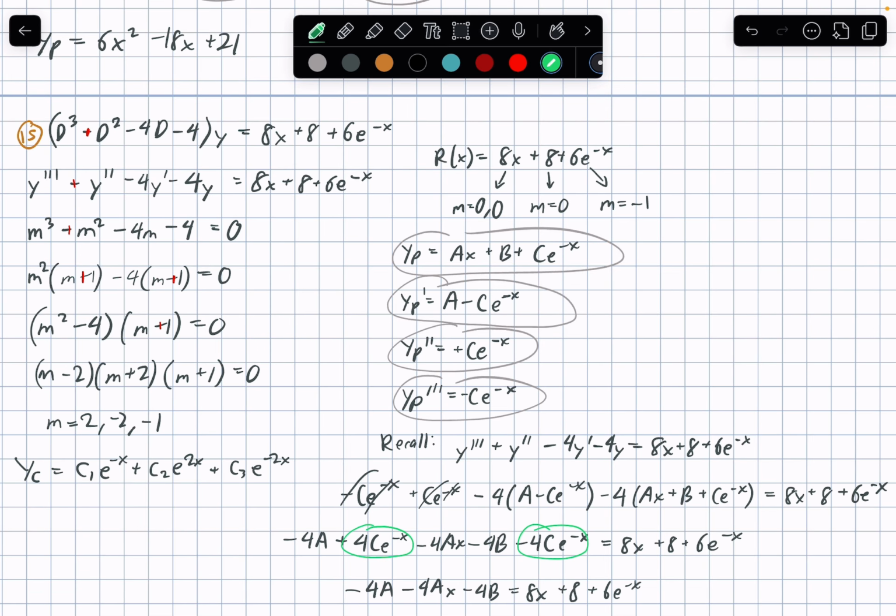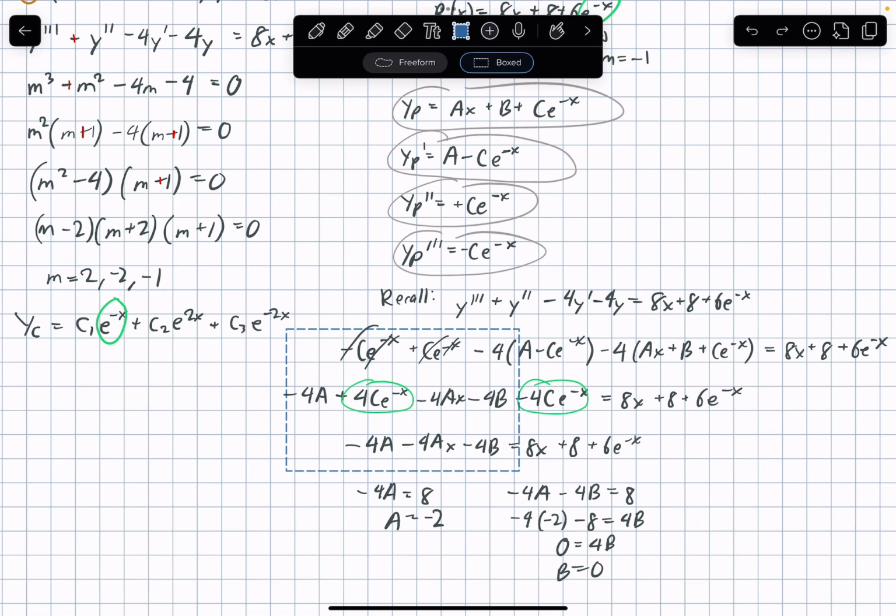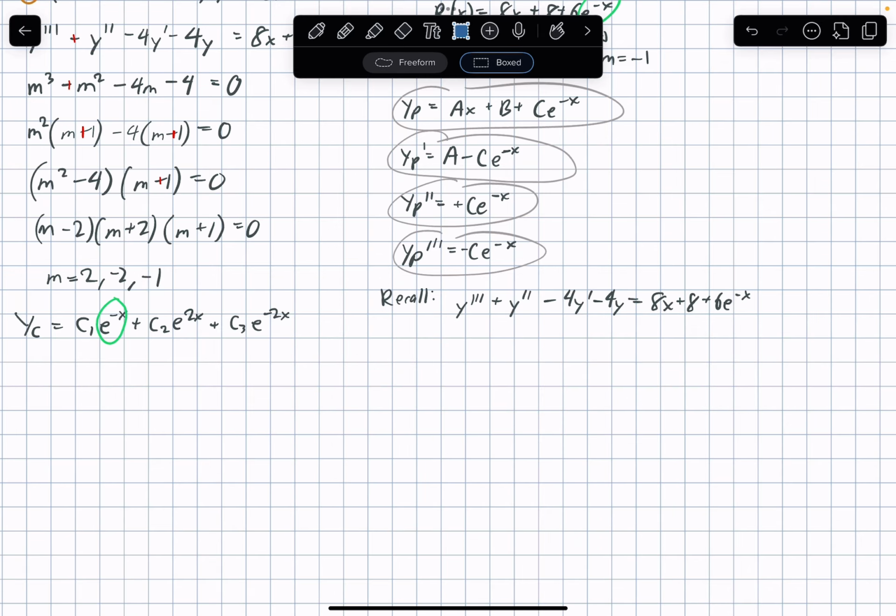So you see, I just lectured you earlier about conflicting values. We actually did have a conflicting value. So as early as this part, we have to multiply by x. My bad.